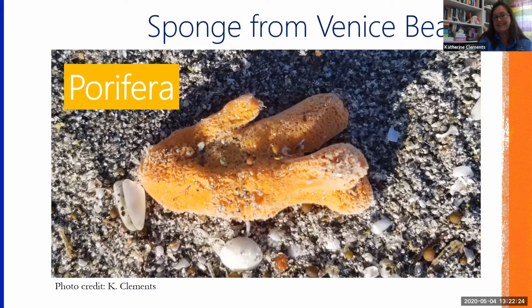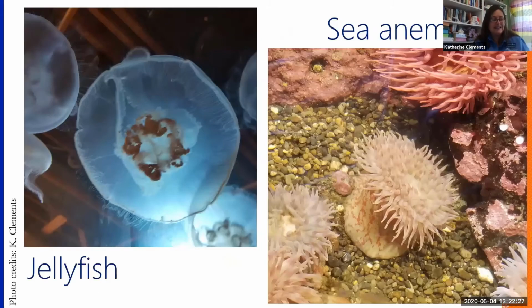All right, next up, look at these. These are my favorite. So on the left-hand side, you have a really cool moon jelly, a type of jellyfish. And on the right-hand side, you have a sea anemone.